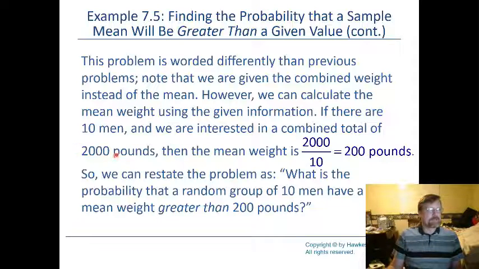But if the combined total is 2,000 pounds and it's 10, then our mean is 200 pounds. So it's adding a complication of needing to do the mean calculation based on what's there. So we can restate it as: what is the probability that a random group of 10 guys has a mean weight greater than 200 pounds.